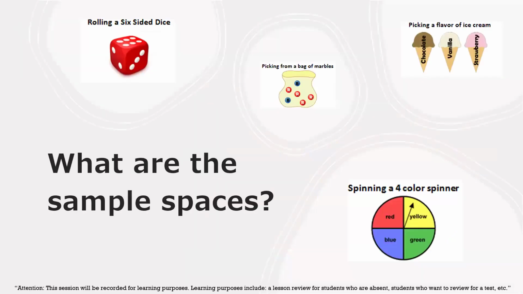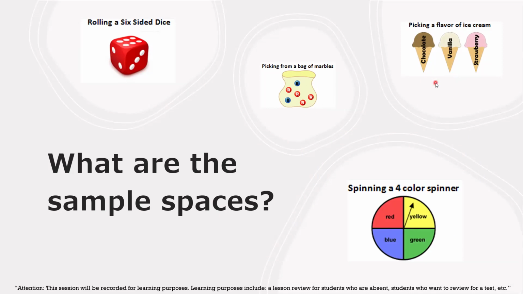So for these examples here, if we check out our die, the sample space would be all of the possible outcomes, all of those options. So it would be the numbers 1, 2, 3, 4, 5, and 6. Now, if we look at this bag of marbles here, I can see that there are blue marbles and red marbles. So blue and red would be my sample space. Those are the two possible outcomes.